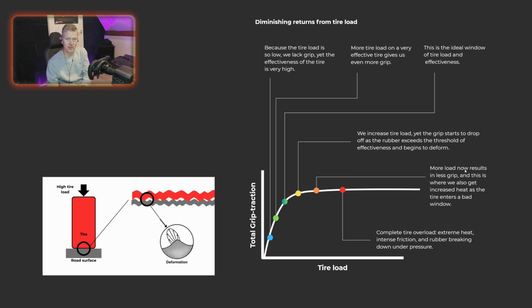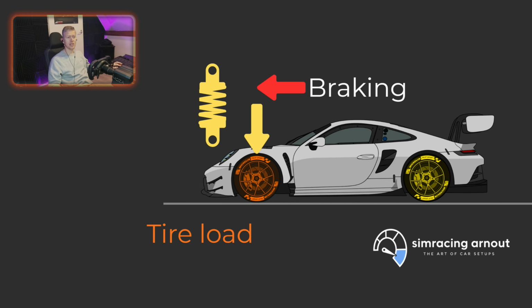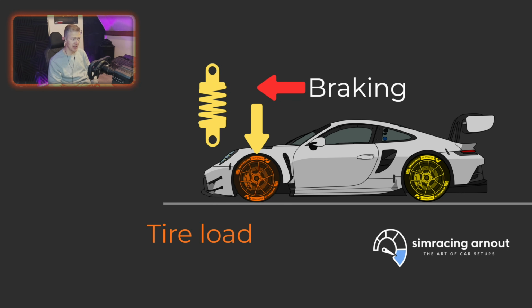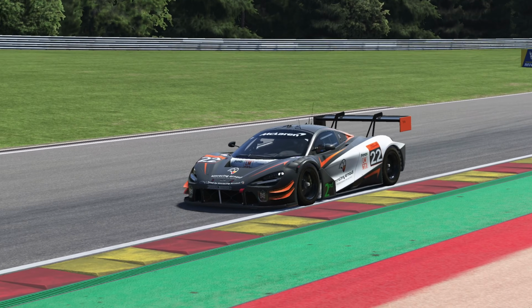the overall grip levels. To understand springs, we are going to do this very simple example. Let's say you were driving at a certain speed on track and you hit the brakes, and then the front of the car pitches and you get some tire load on the front wheels.